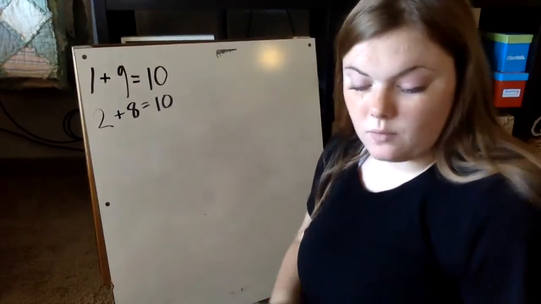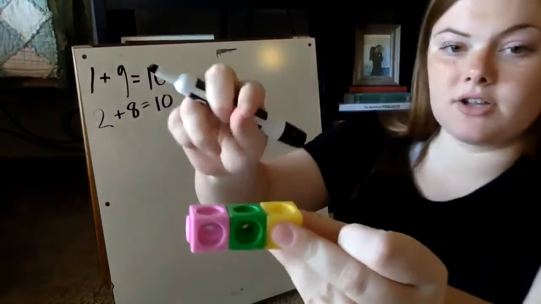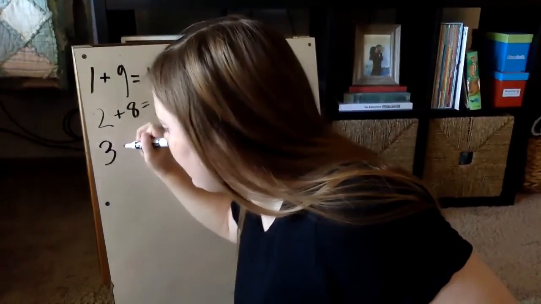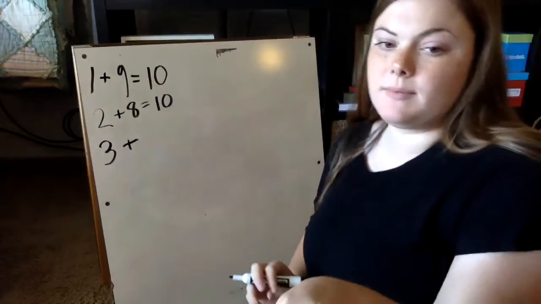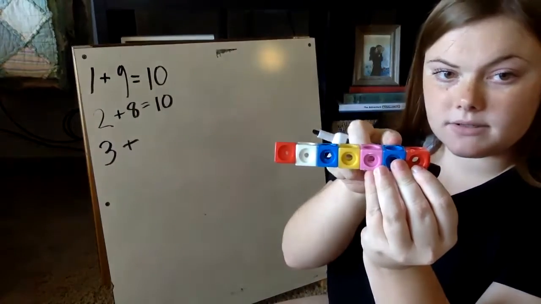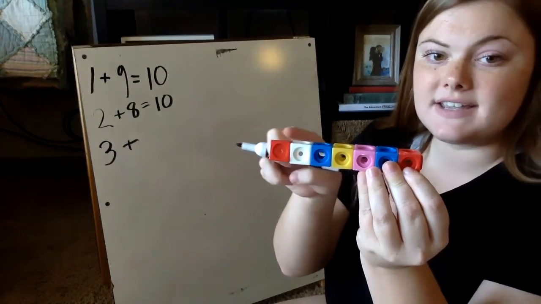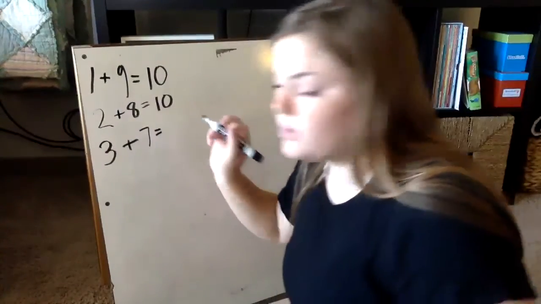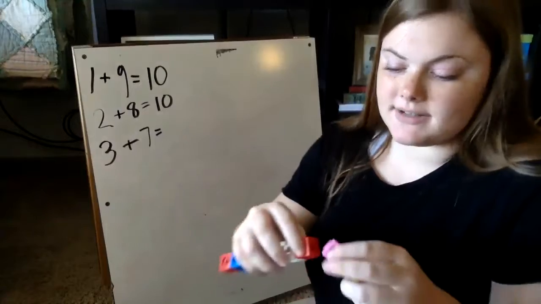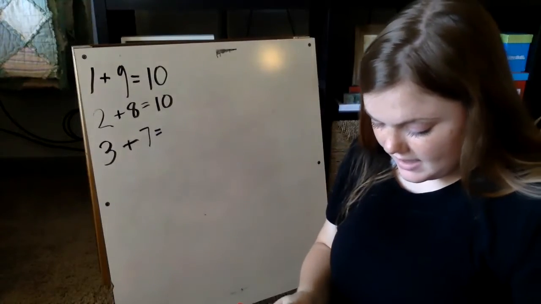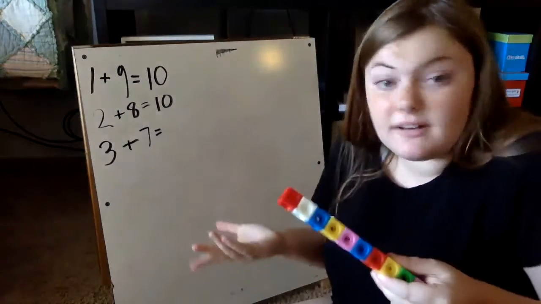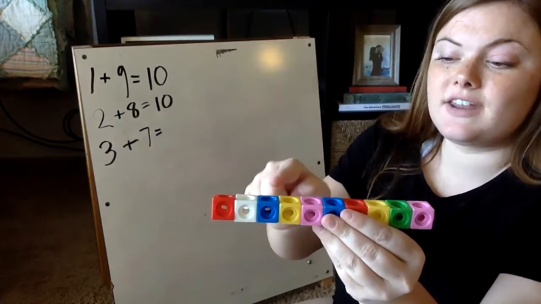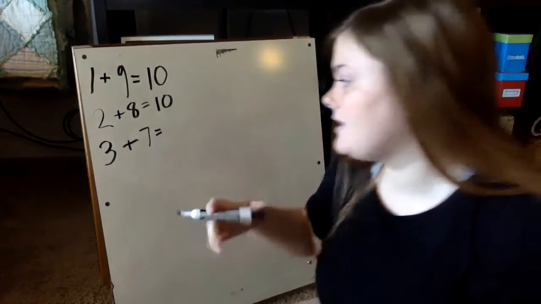What would this one be? How many blocks are here? 1, 2, 3. So we have our 3. And what do you think would be over here? 1, 2, 3, 4, 5, 6, 7, right? 7 equals, let's put them back together and see if it still equals 10, even though it's different numbers, right? 1, 2, 3, 4, 5, 6, 7, 8, 9, 10. Still equals 10.